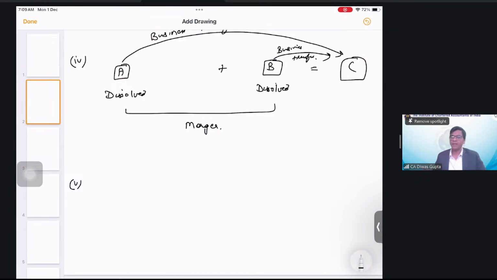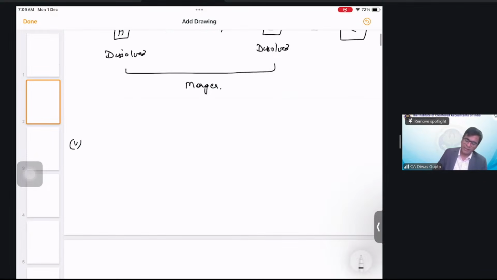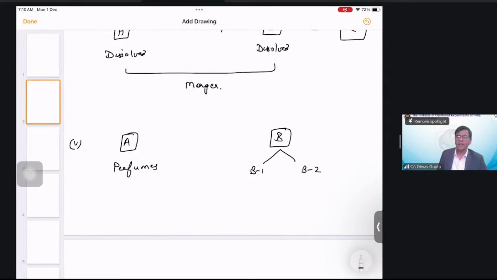Now let's see, there can be one more situation, students, wherein, let's say, there are two companies, A and B. A is in the business of, let's say, perfumes. And B is actually having two businesses, B1 and B2.